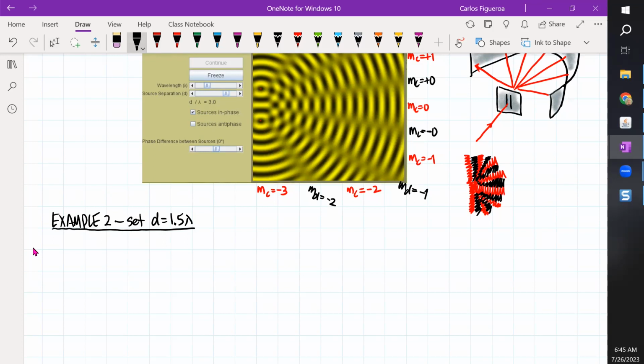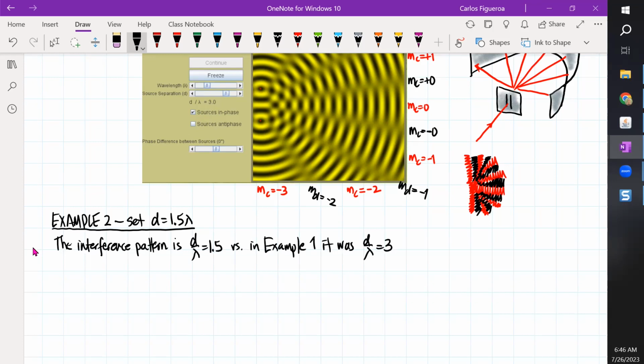So what we're doing here is that the interference parameter is D over lambda, in this case 1.5, versus in example 1, it was D over lambda equals 3.